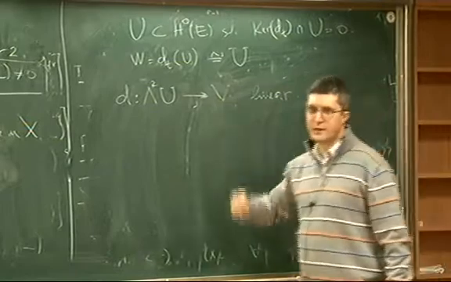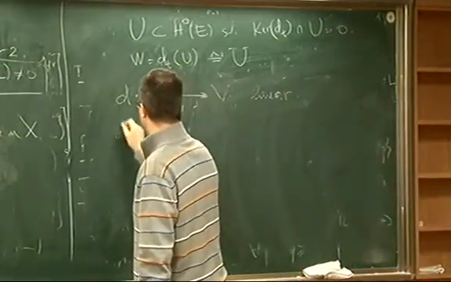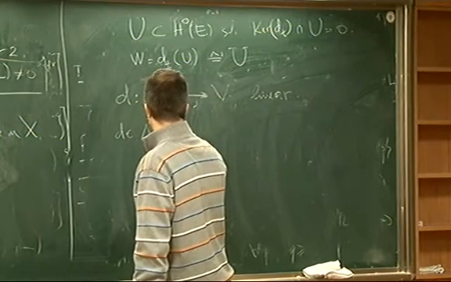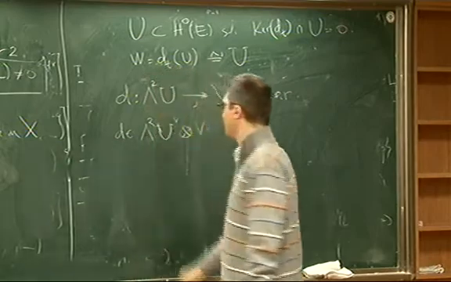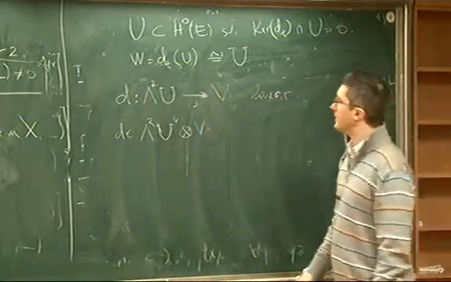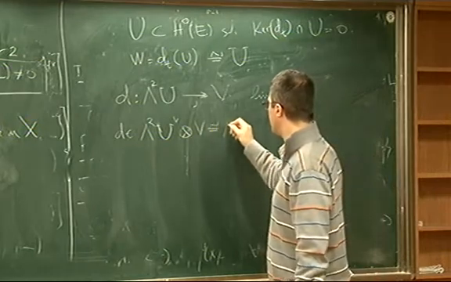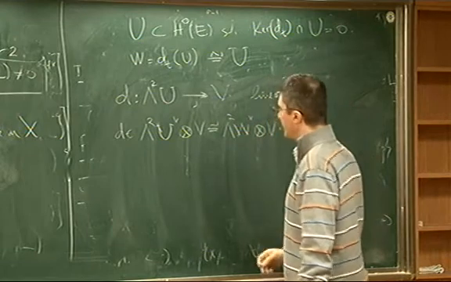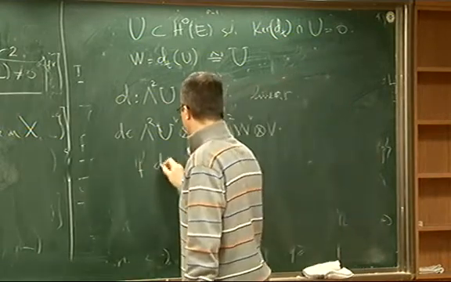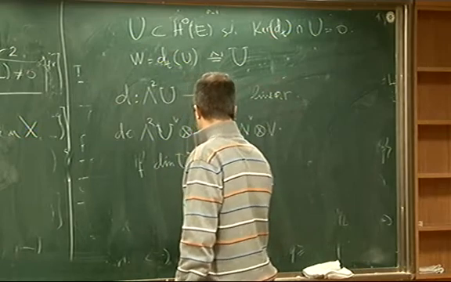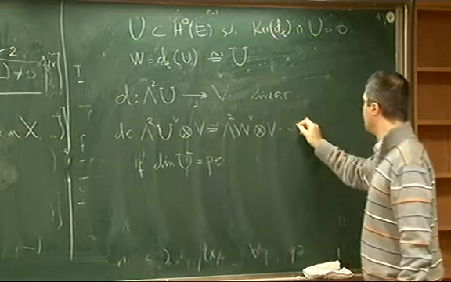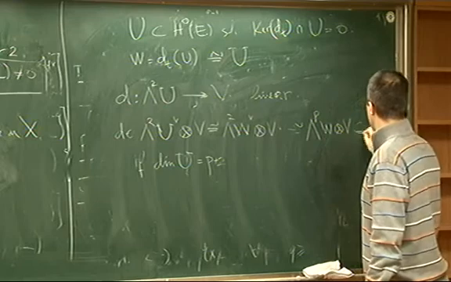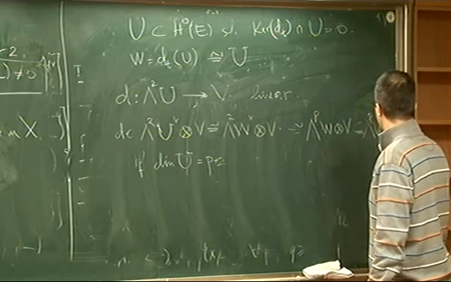Then this d can be seen as an element in wedge 2 U dual tensor V. But this is just isomorphic to wedge 2 V dual tensor V. And if we put the dimension of U to be P plus 2, this is moreover isomorphic to wedge P of W tensor V, which is included in wedge P of V tensor V.